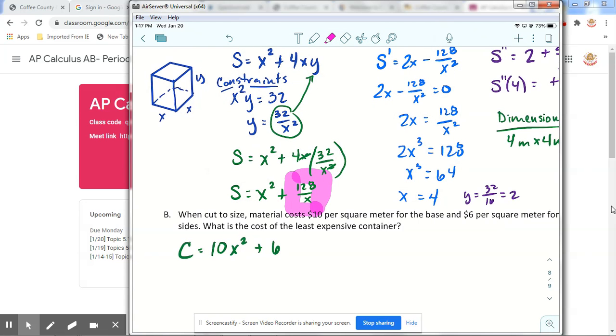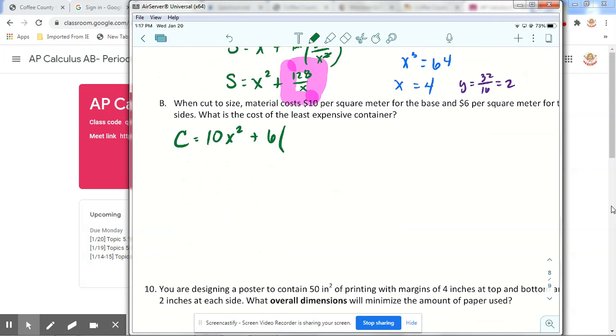This right here is going to represent the area of the sides, because that 4xy was the surface area of the sides, and all I did was take the 32 over x squared and put it in for y, and it reduced down to that. So then it's going to be 6 times that area of the sides.